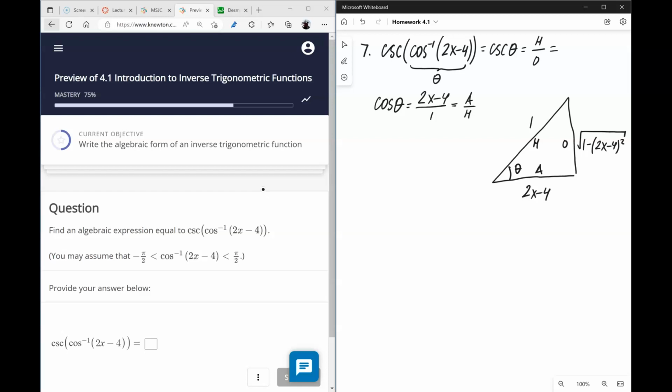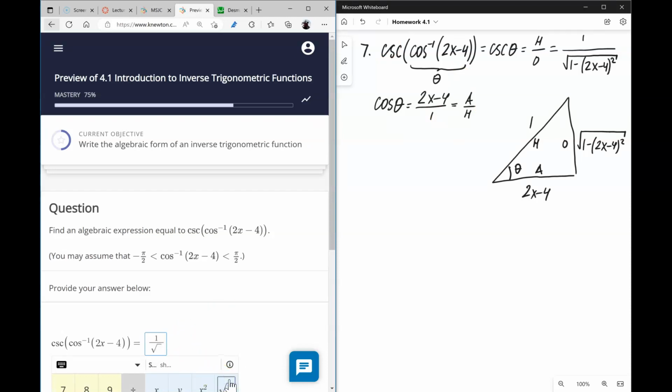So the answer is 1 over the square root of 1 minus 2x minus 4 squared.